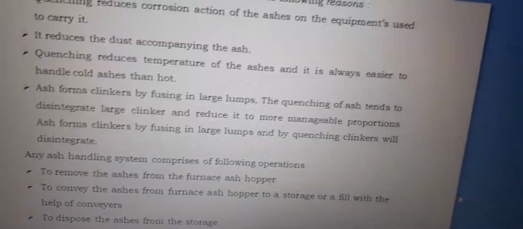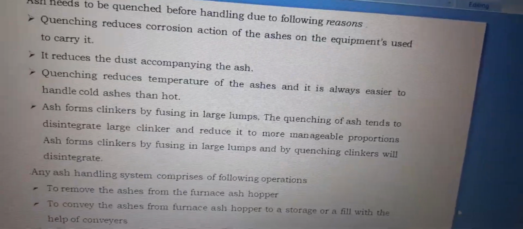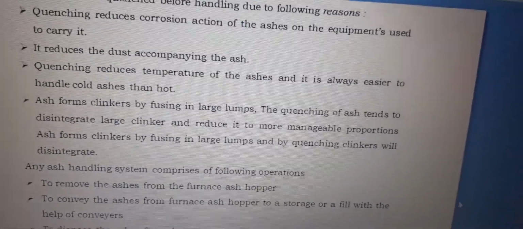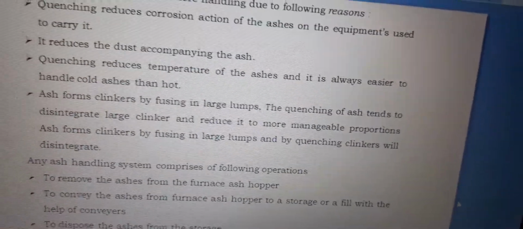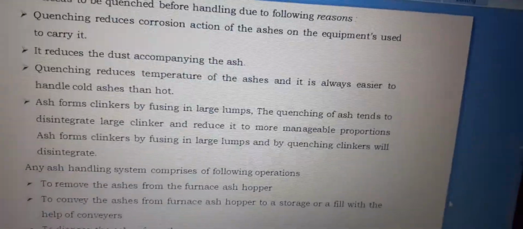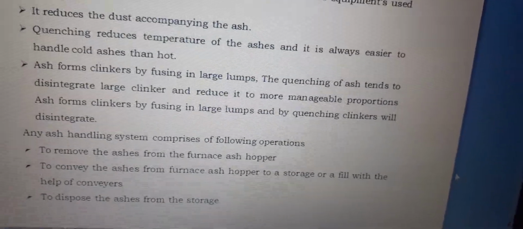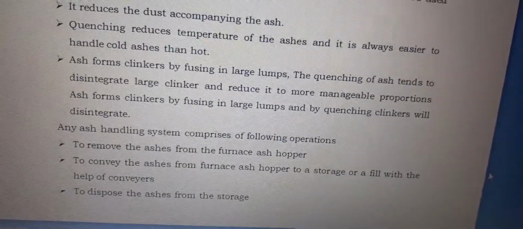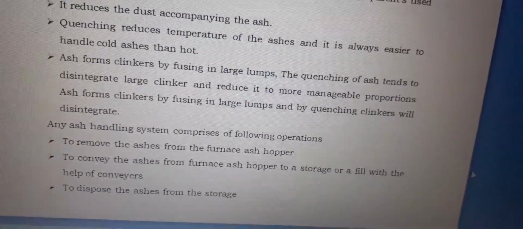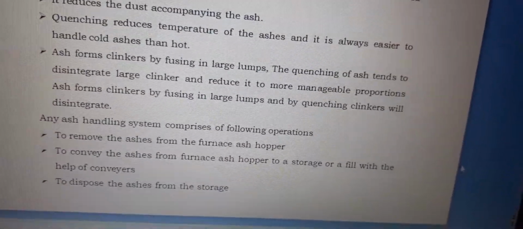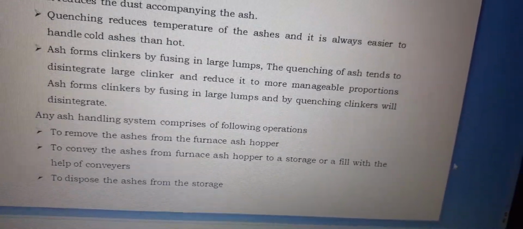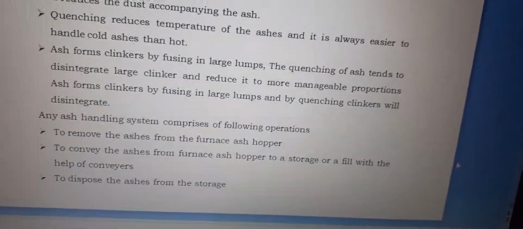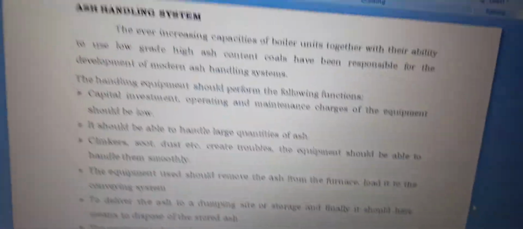It reduces the dust accompanying the ash. Quenching reduces the temperature of the ashes, and it is always easier to handle cold ash than hot. Any ash handling system comprises the following operations: to remove the ashes from the furnace ash hopper, to convey the ashes from the furnace ash hopper, and to dispose of the ashes from the storage.